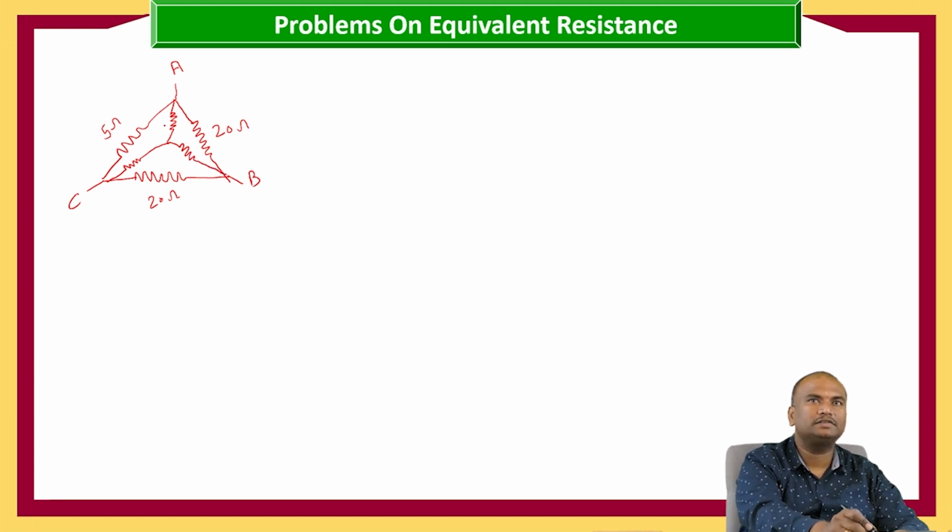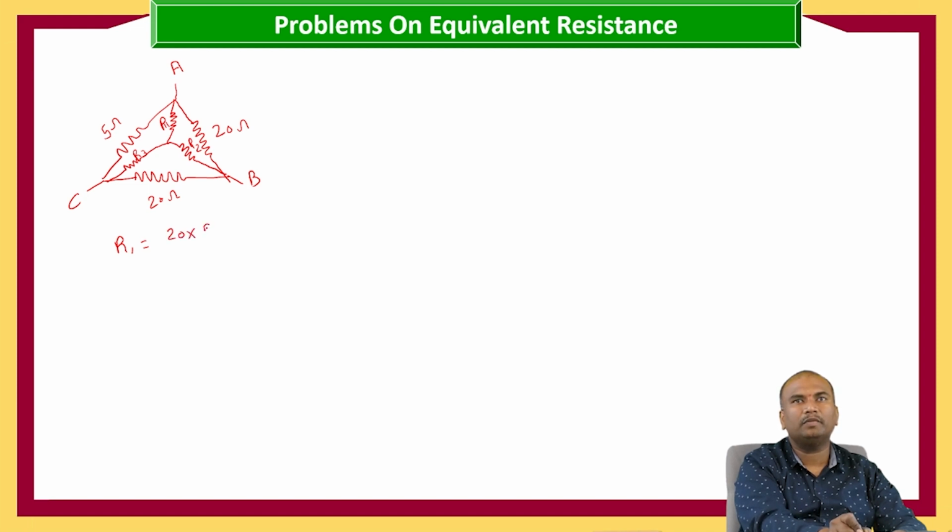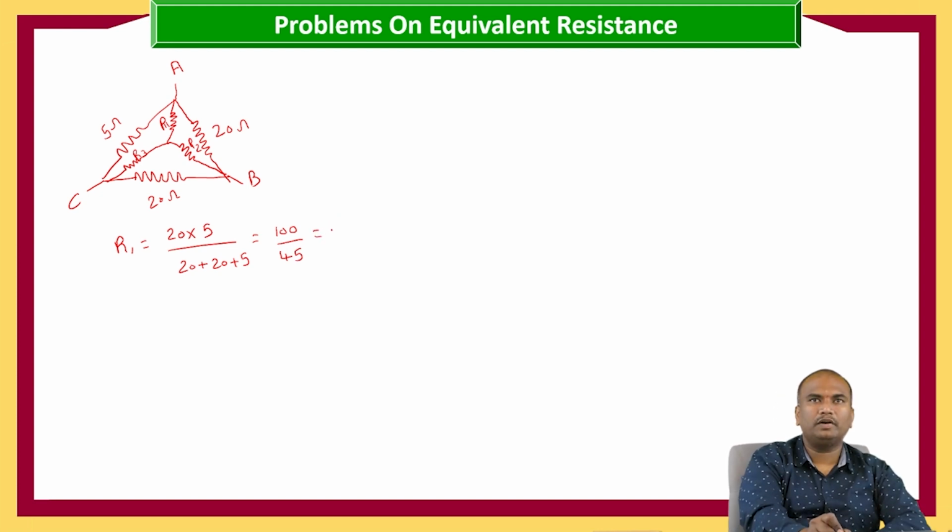Here, let us consider R1, R2, R3. So here R1 is equal to the elements which are connected to the node A, that is 20 into 5 by 20 plus 20 plus 5, which is equal to 100 by 45, 2.22 ohms.